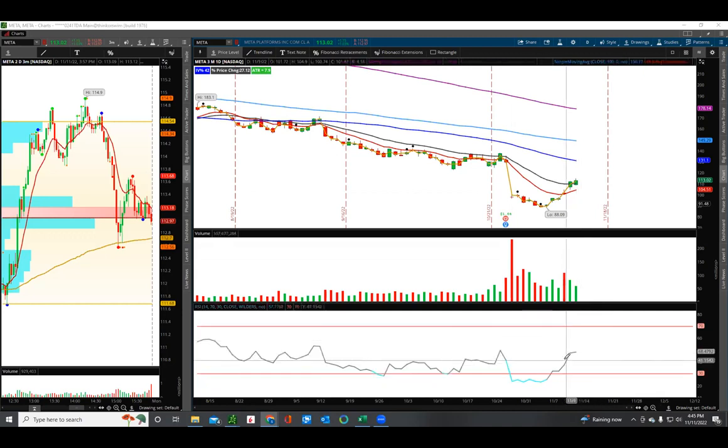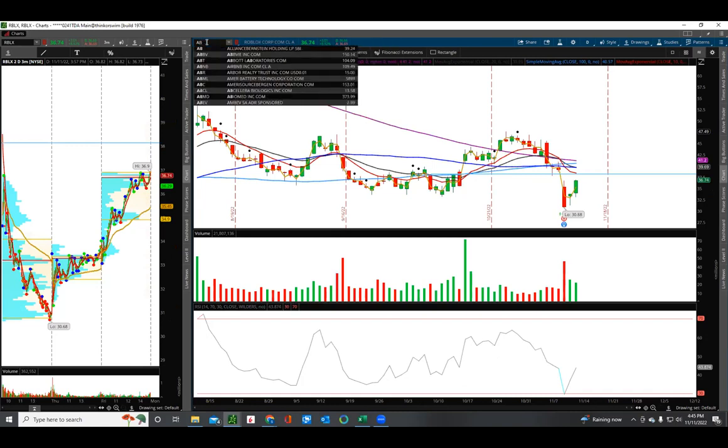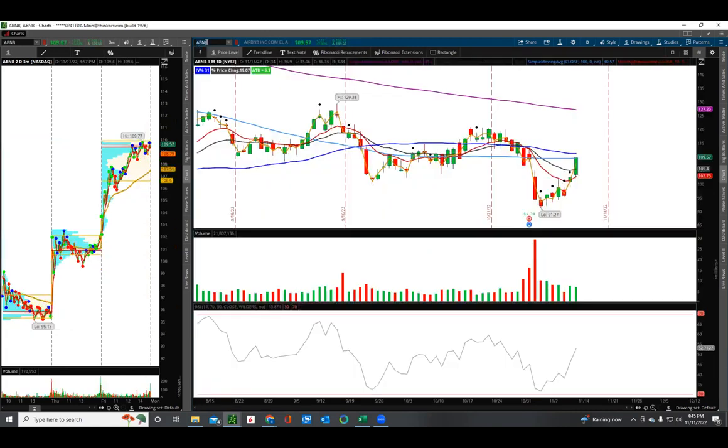And the one number that they don't give you when you pull this up, maybe I'll go to a different chart. I'm using Meta, but let me try another.